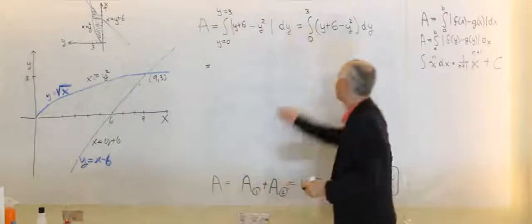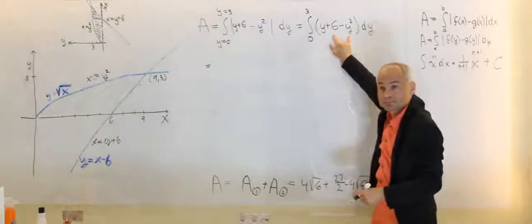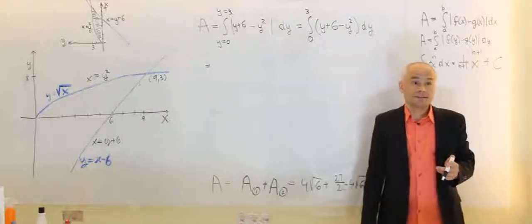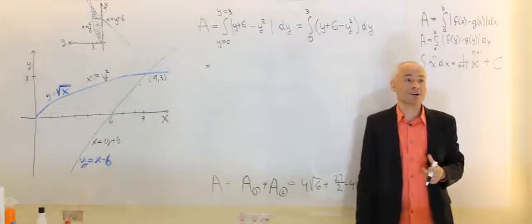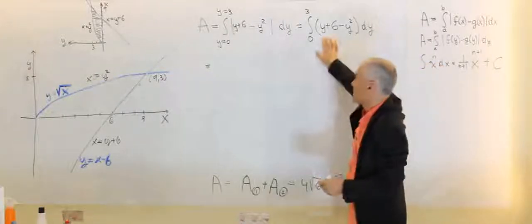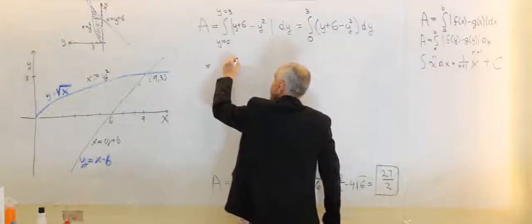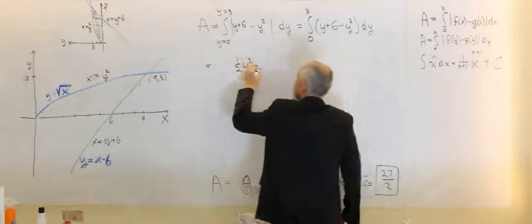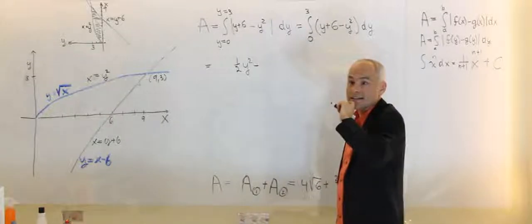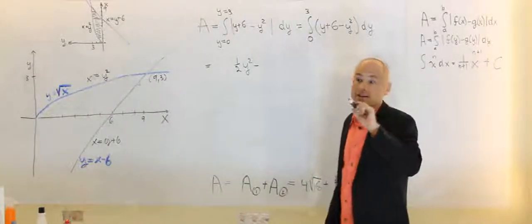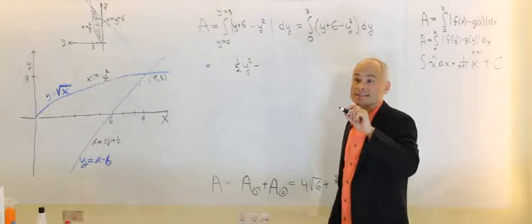So let's find the antiderivative of our expression. We will apply the Fundamental Theorem of Calculus, of course, the evaluation part. So the antiderivative of y is 1/2 y squared. What's the antiderivative of 6? 0? Is that 0? It's a constant.